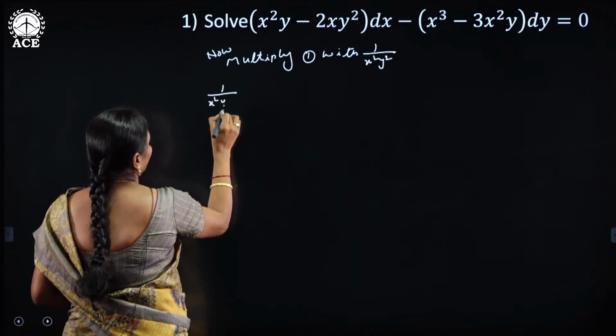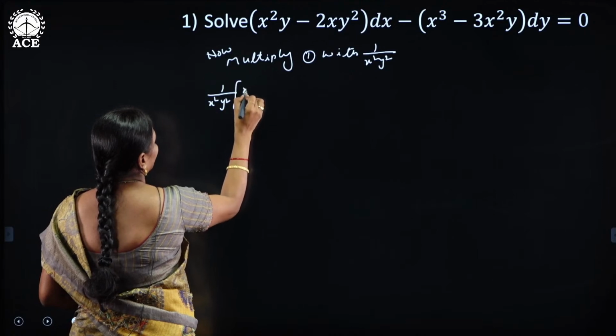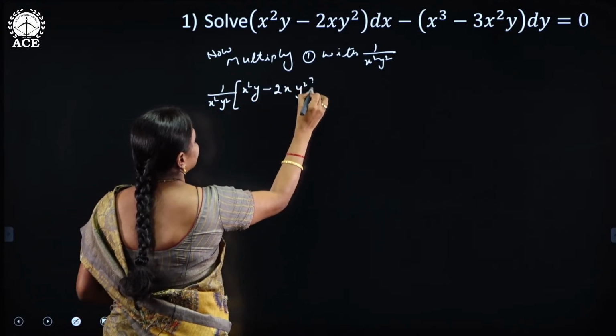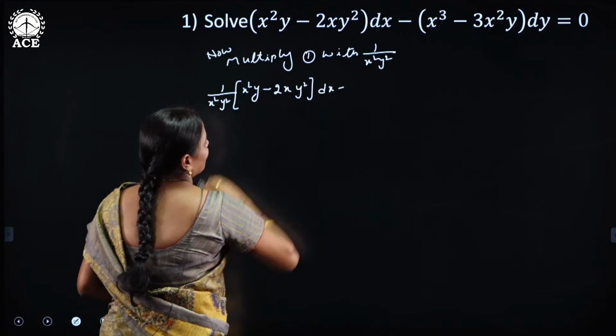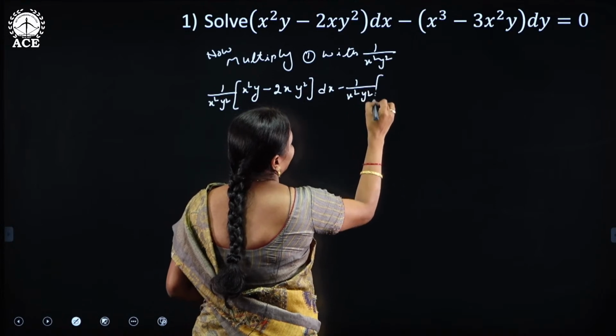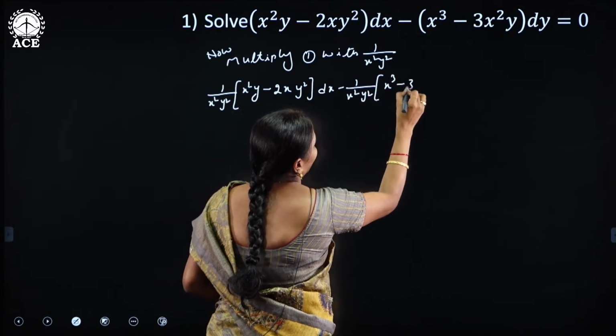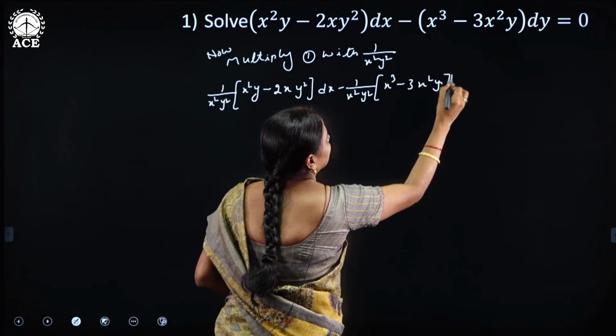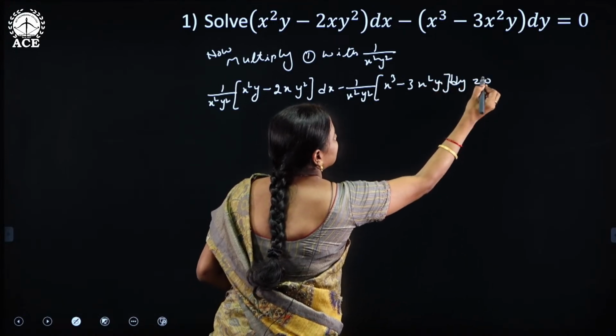First, multiply 1 by x square y square into (x square y minus 2xy square) dx minus 1 by x square y square into (x cube minus 3x square y) dy is equal to 0.